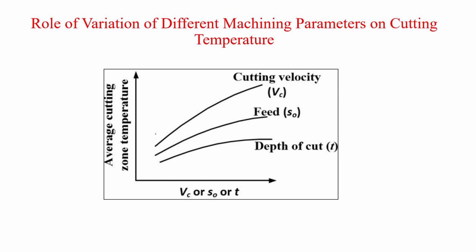With Vc it is rising, with feed it is rising, and with depth of cut it is rising. Out of these three, the cutting velocity has a major impact. The cutting velocity curve is at the highest, at the top level.